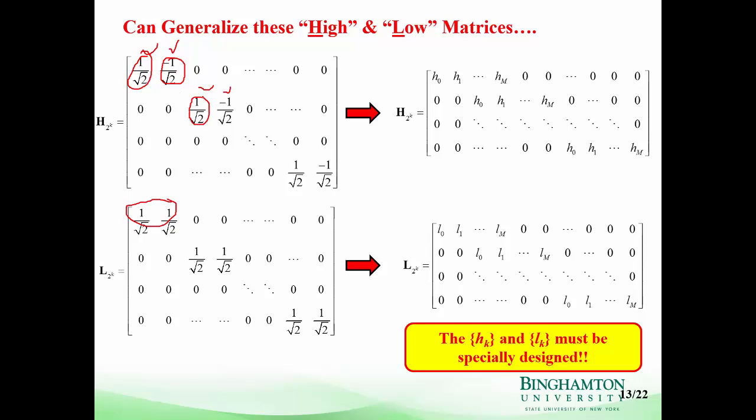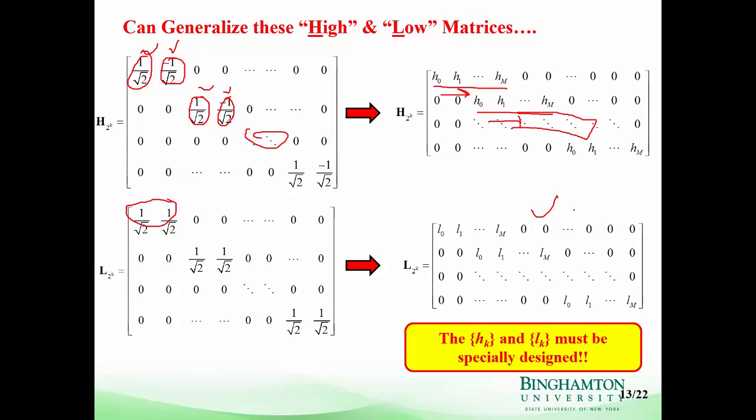So this will be H sub 0, this will be H sub 1, and so on. Well, we can generalize that and not just stop at H0, H1, but go all the way out to HM, and then we still shift it over by 2 and go H0 through H sub M. And then the next one is also shifted over by 2, but we'll then have M plus 1 numbers, and so on and so on. And the same thing with the L's.